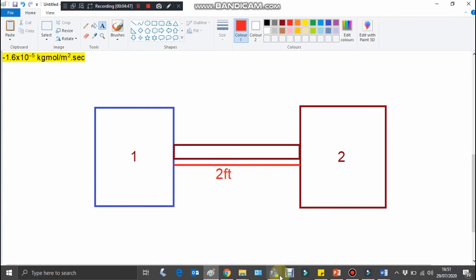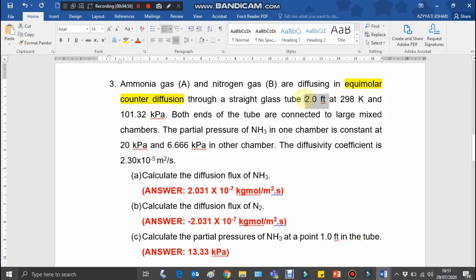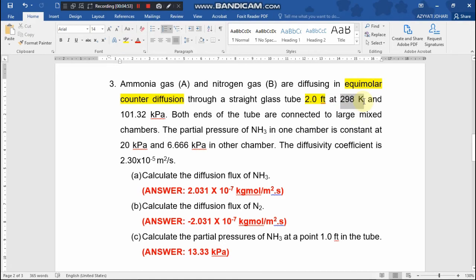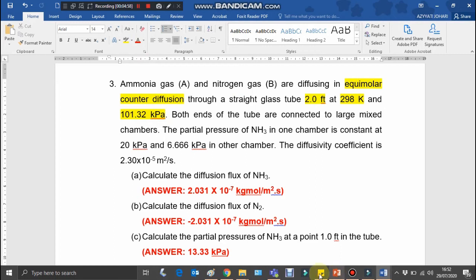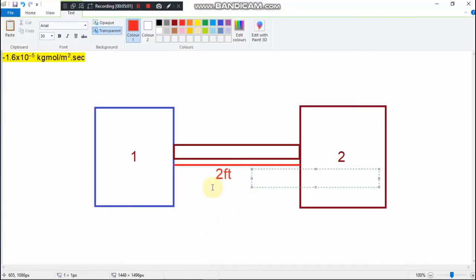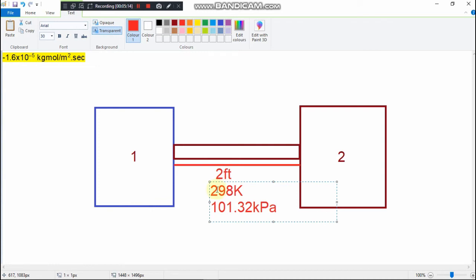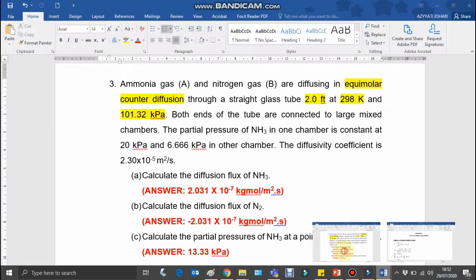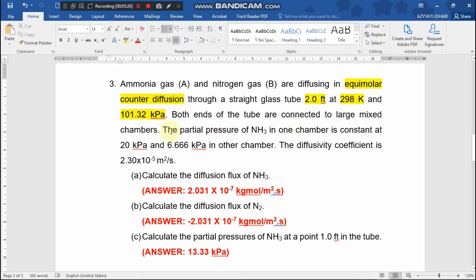Then the question gives you the temperature 298 K, and the pressure is 101.32 kPa. And then the partial pressure of NH3. NH3 is component A, so PA.